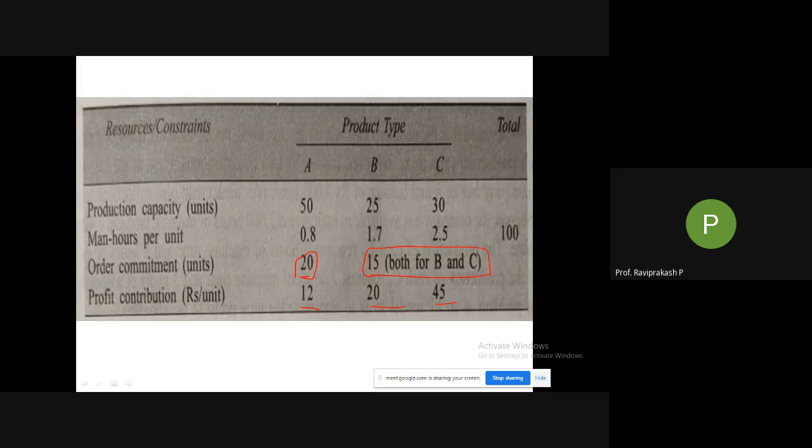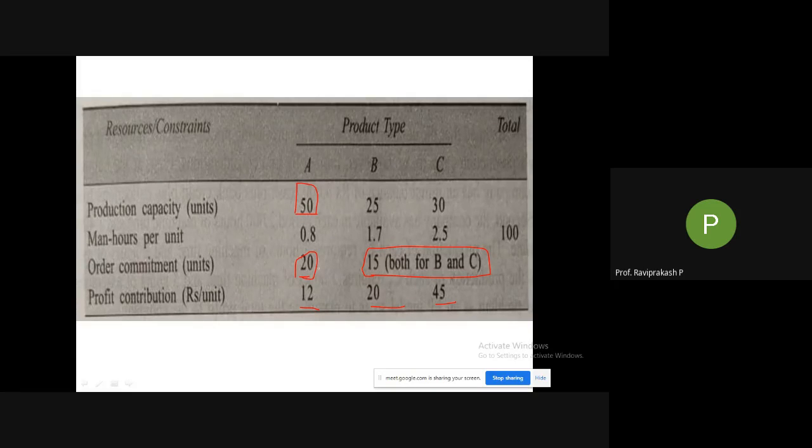You can see 50 is there, so why would I only produce 20? The 20 is my order in hand, but I can produce more than this because my capacity is 50, and I can try to sell it later.